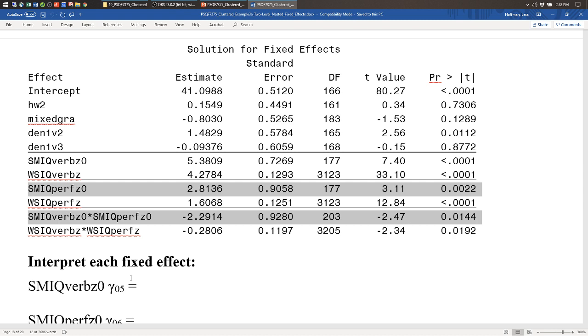In those schools, for every unit higher school mean performance IQ, your school language goes up by 2.8. Significant. What happens to that school level performance IQ effect in higher verbal schools? It becomes less positive, which means stronger or weaker? Weaker, yeah, diminishing returns. So yeah, if you're also from a school with high verbal IQ, having higher performance IQ starts to matter less.